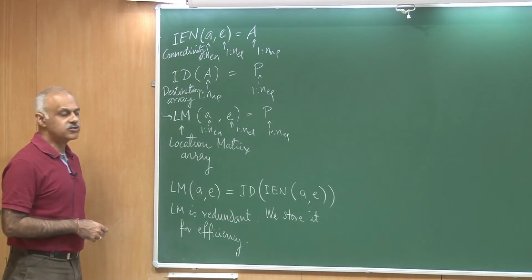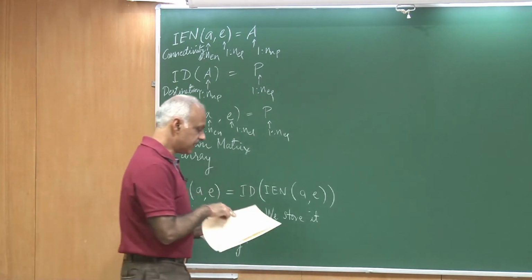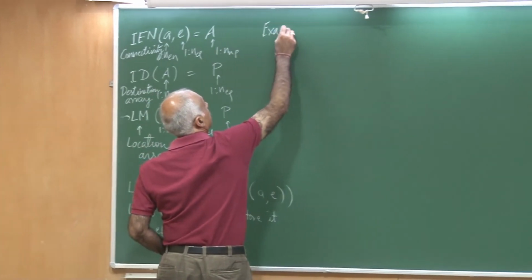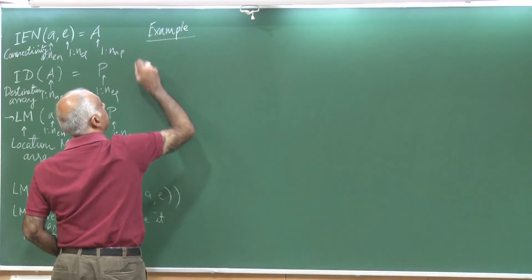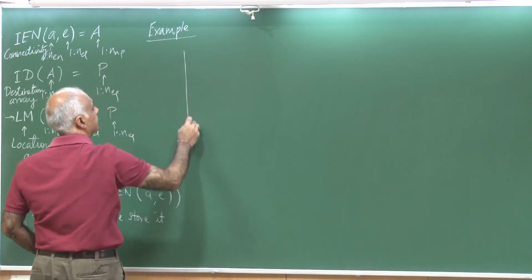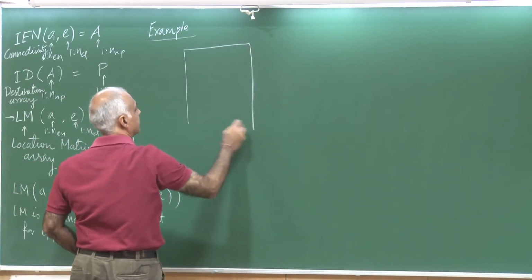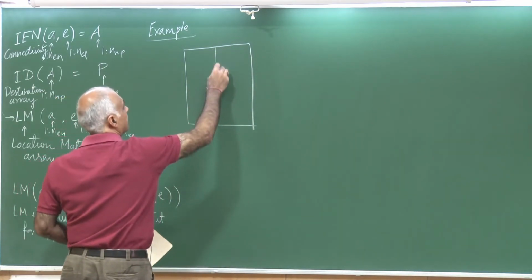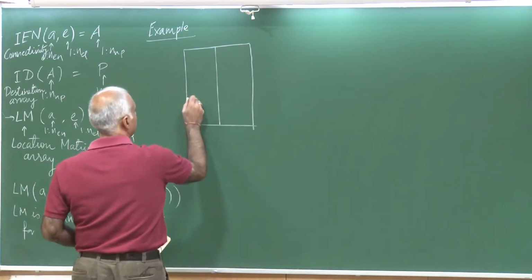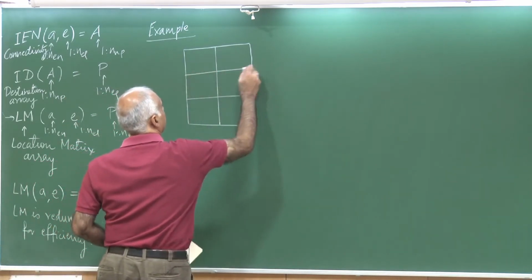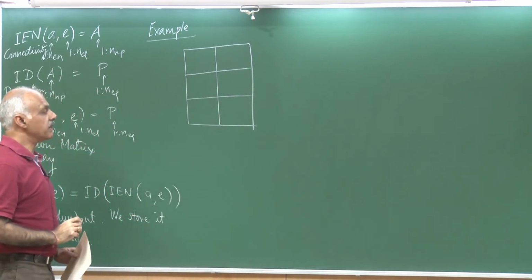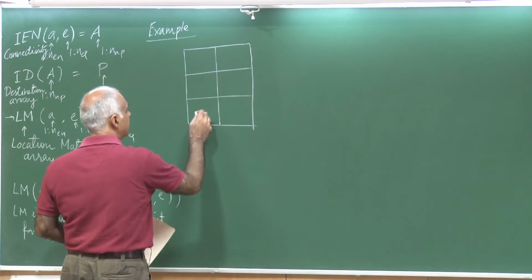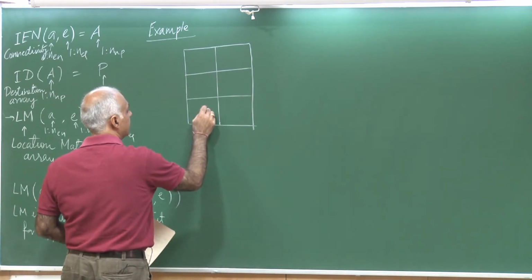Let me demonstrate this through an example. So, let us consider a simple plate, a 2D plate, in which I am going to generate a mesh with the following elements. So, let us say this is a rectangular plate, and for simplicity I put these element numbers as, so this I will call E is my element.